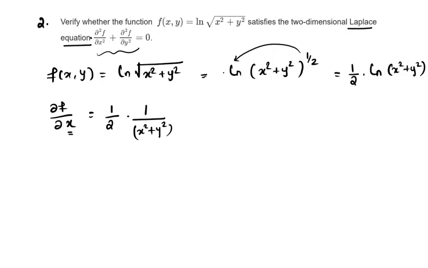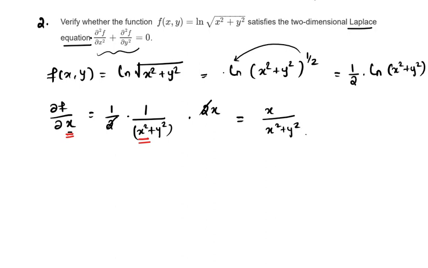Here we differentiate only the x value, since we have dou f by dou x. So x squared, if you differentiate, what would be the answer? 2x, right? Now this 2 and this 2 will cancel and we are left with x divided by x squared plus y squared.